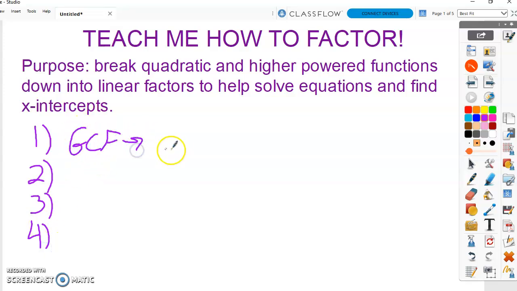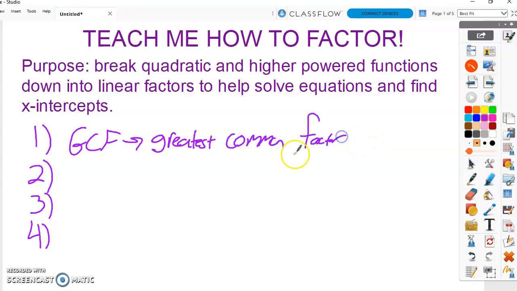First one being factoring by a GCF, which what you did back in middle school is the greatest common factor. And then we're going to factor quadratics in standard form.